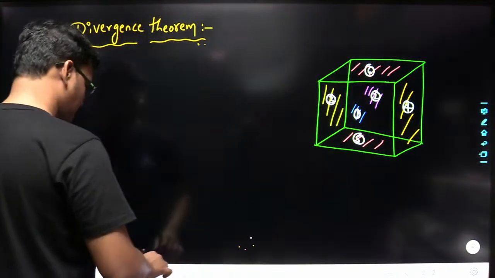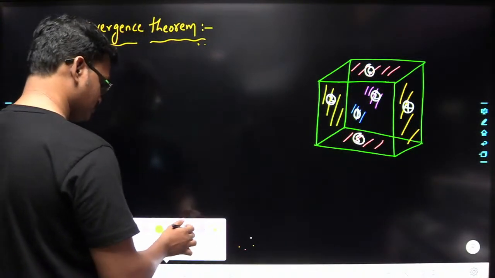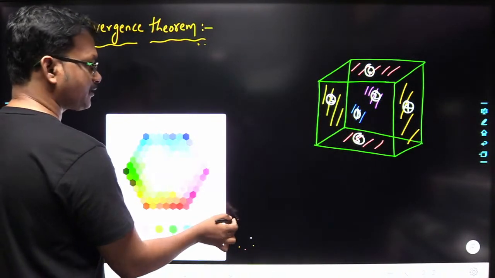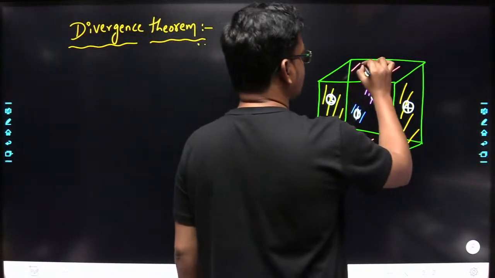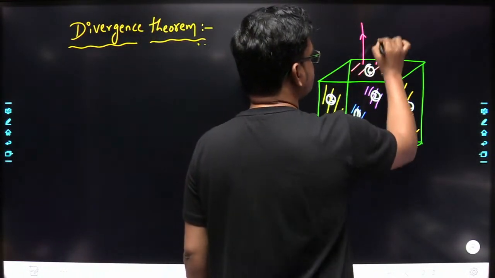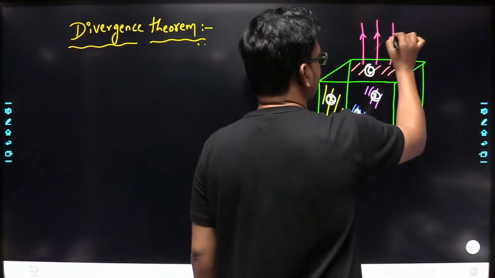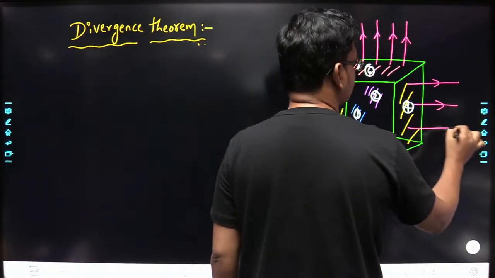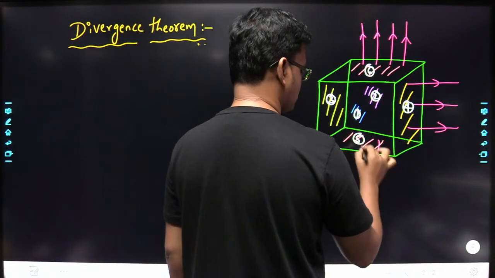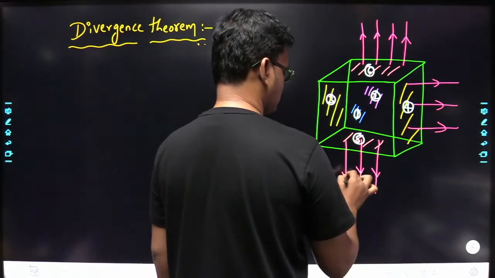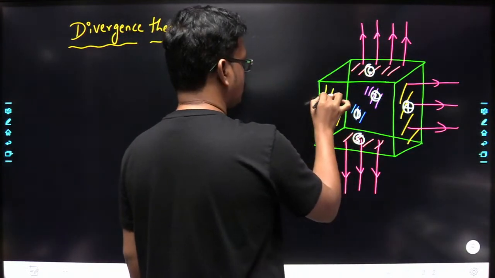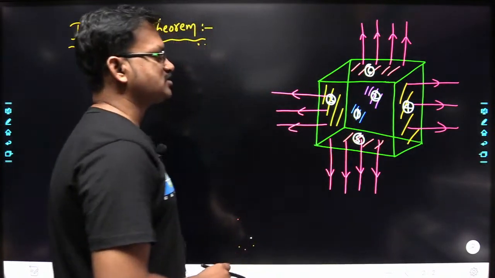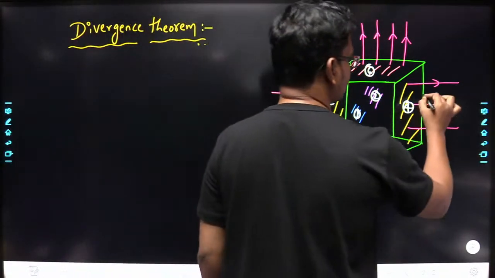Now let us assume some vector field is leaving this closed surface like this.